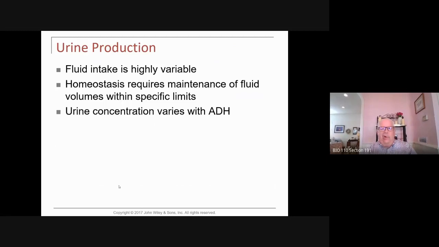How much urine do you produce? Well, it all depends on how much fluid you take in. Homeostasis requires the maintenance of the fluid you take in and the fluid you excrete. The concentration of urine depends on the production of antidiuretic hormone.